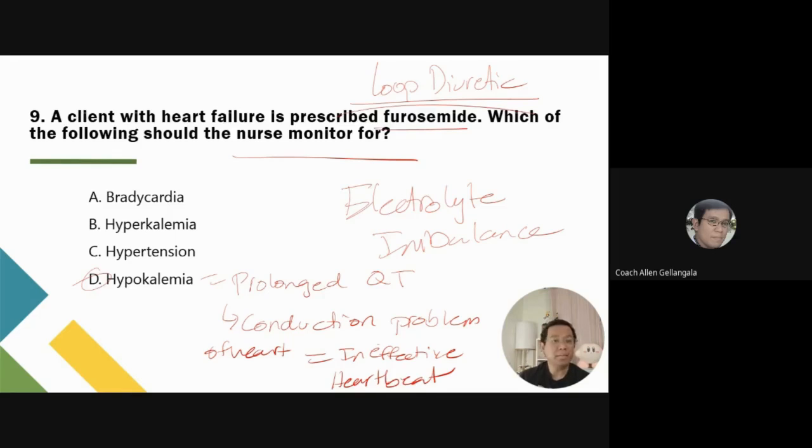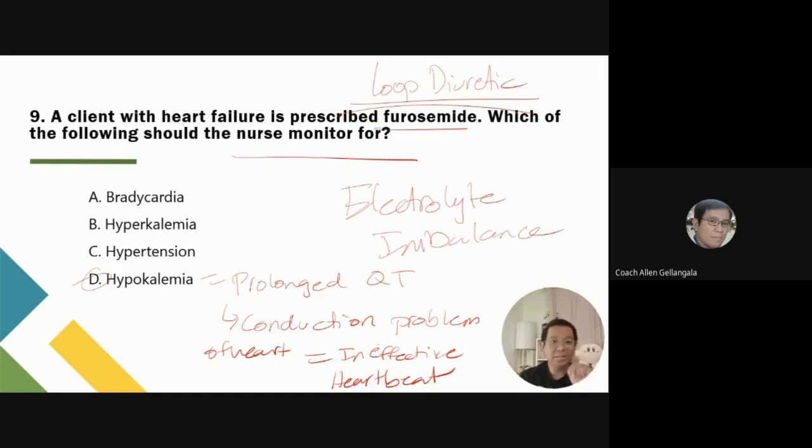You're taking furosemide in order for you to release unnecessary and excessive water in the body, which could be associated with either the presence of what? Let's see. If you're thinking congestion, yes. If you are thinking hypertension, yes.